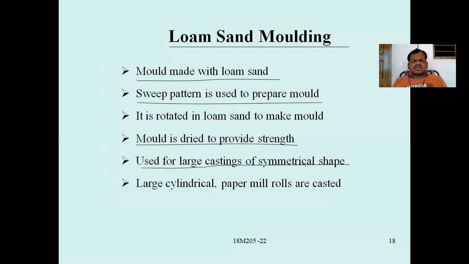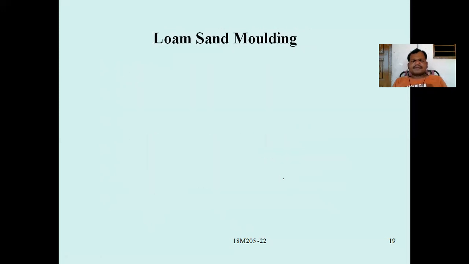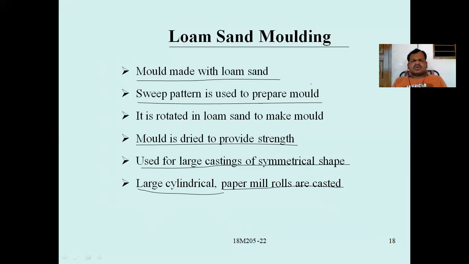Large cylindrical castings and paper mill rolls are cast by loam sand molding. Molds are made with loam sand.